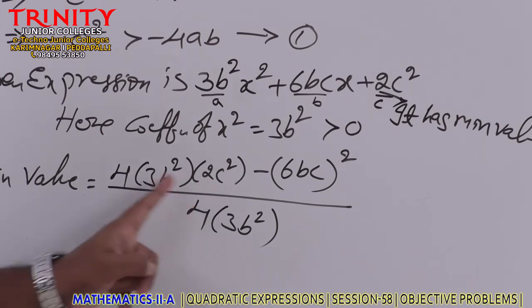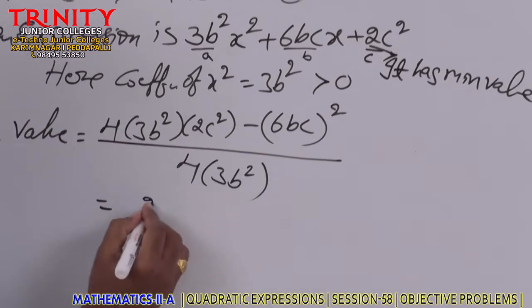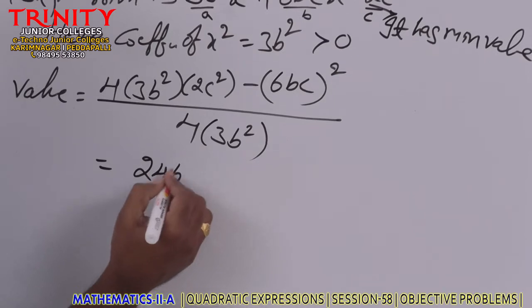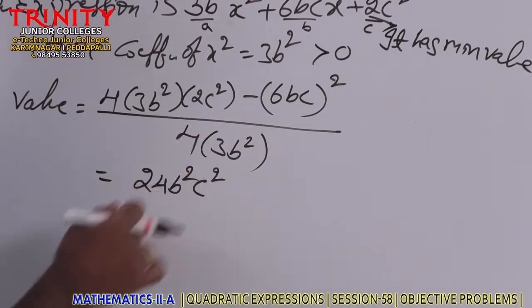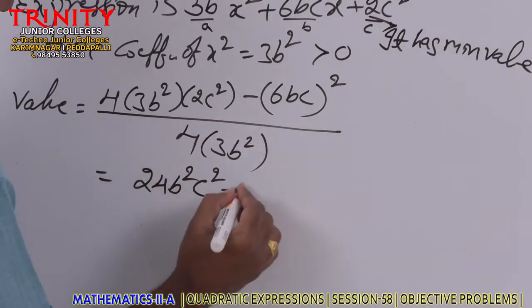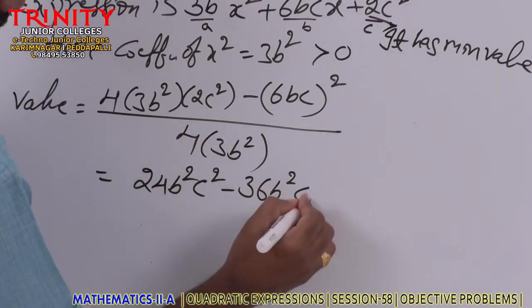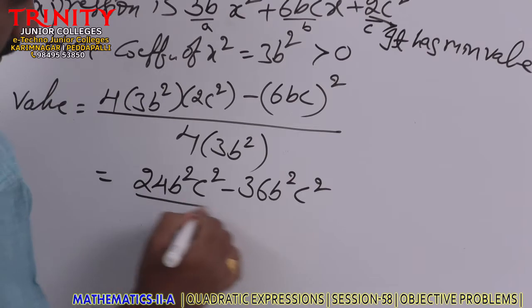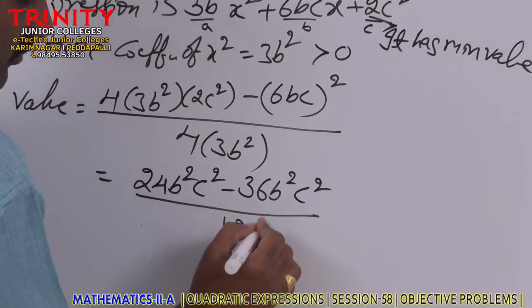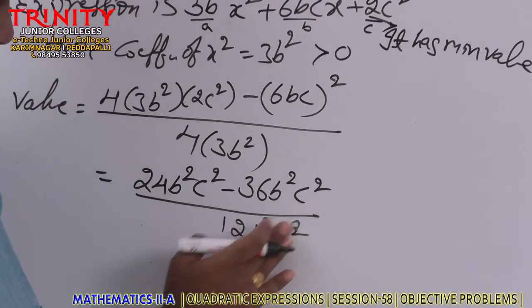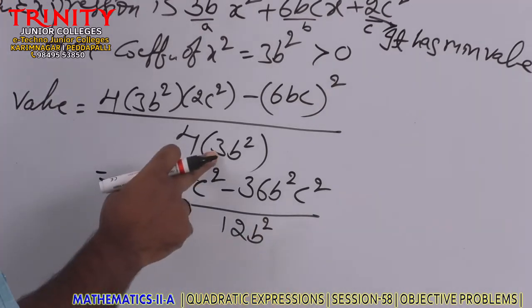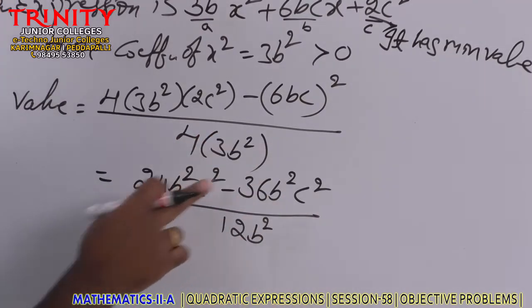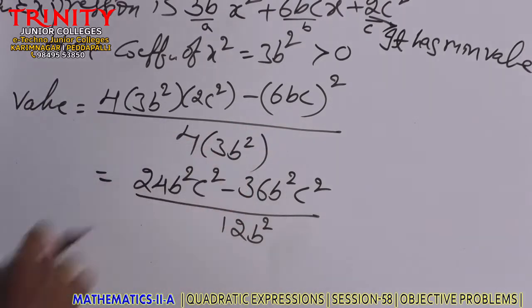3 2s are 6, 6 4s are 24. So we get 24 b square c square minus 36 b square c square, divided by 12 b square, only b square, not c square, sorry, it is not whole square, 12 b square.